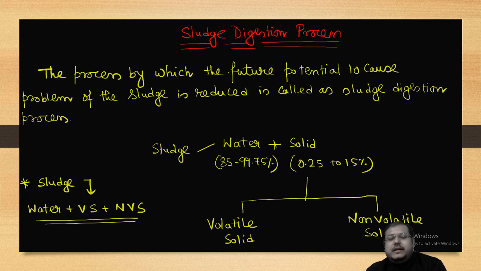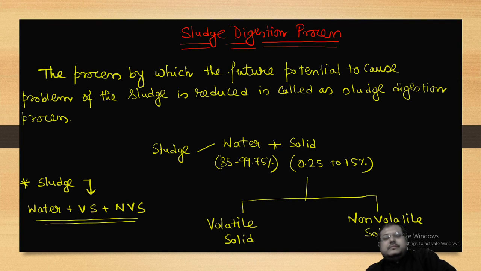Generally two types of things are there in the components of sludge. One is water, 85 to 99.75% is water. The main constituent is water. Solids will be 0.25 to 15%. And these solids are generally living cells and dead cells.